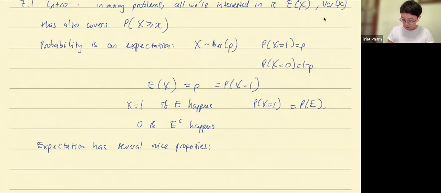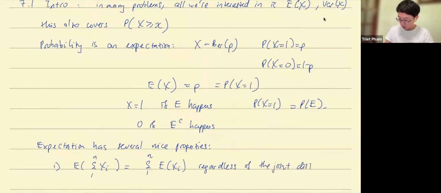The first thing is that expectation of the sum is the sum of the expectation, regardless of how the xi's behave, regardless of the joint distribution.